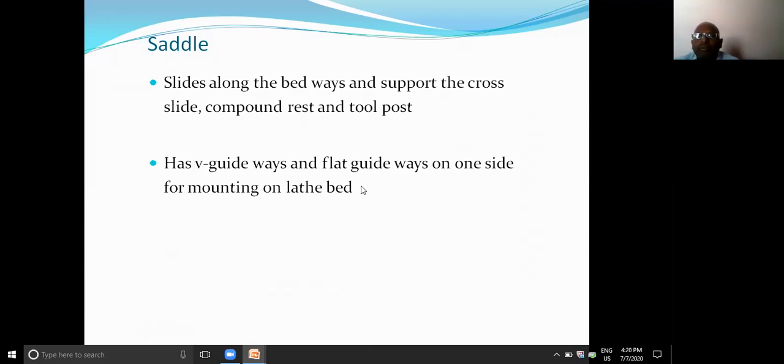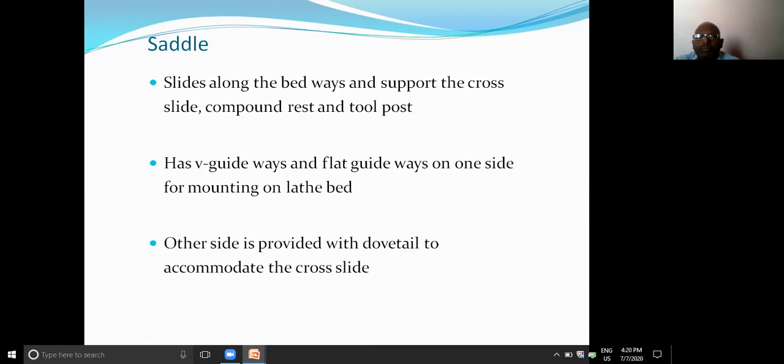Generally, the V guideways are in front of the operator, and the flat guideways are far away from the operator. On the other side, the saddle is provided with the dovetail groove. The bottom grooves are used to move over the bed, and the upper male dovetail joint is used to accommodate or assemble the cross slide.